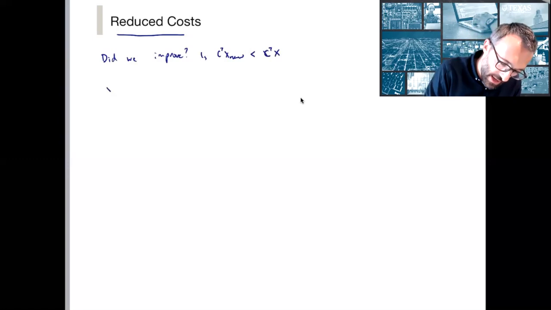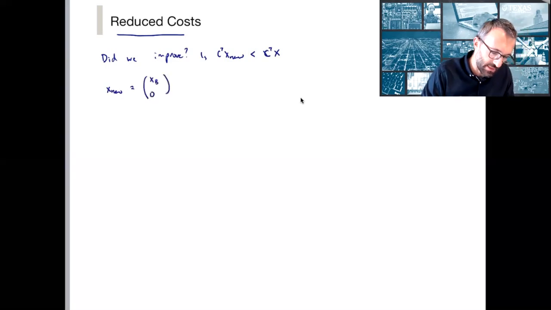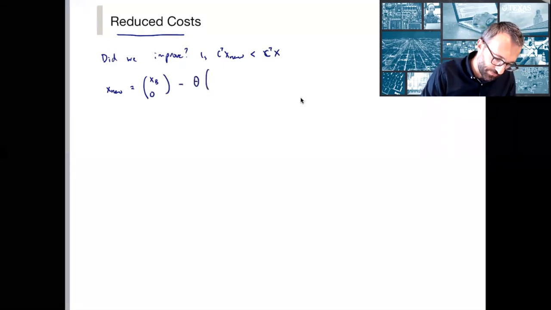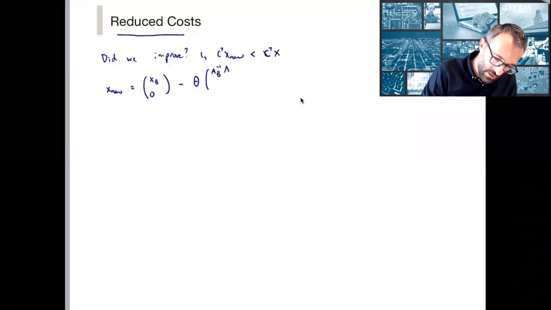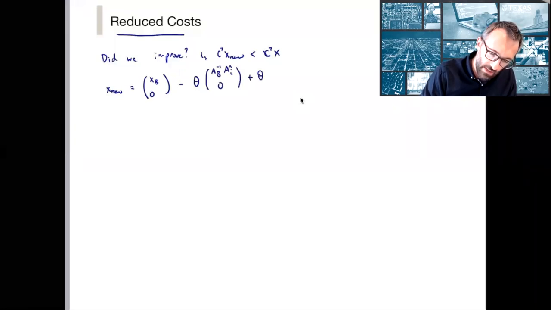So we've said that x new from the previous slide is equal to x old, which is xB and 0, minus theta times AB inverse A i hat, 0, plus theta times e i hat.